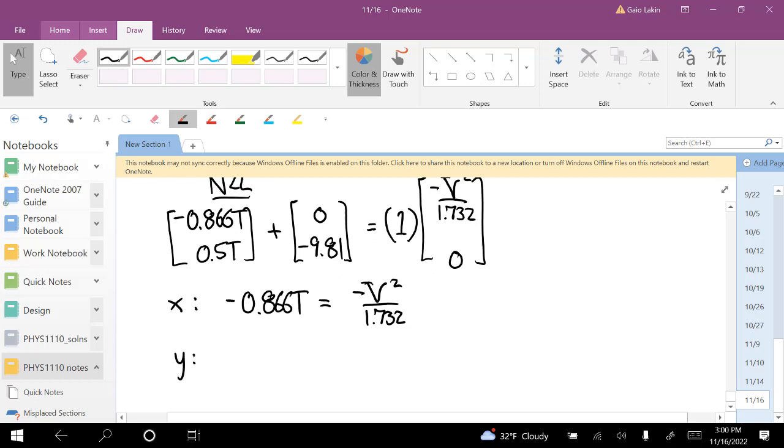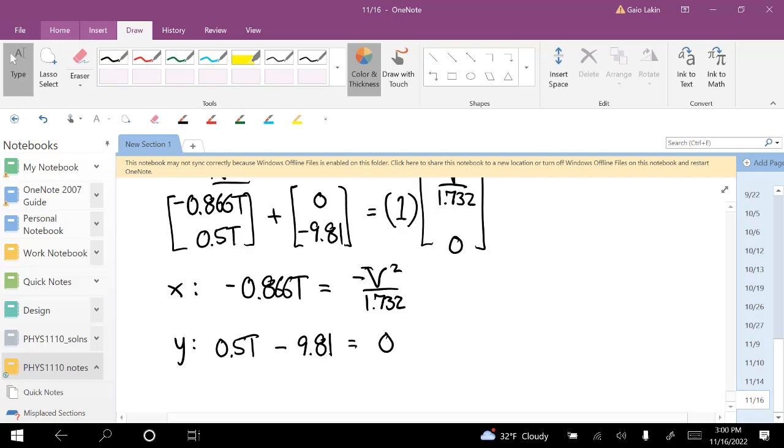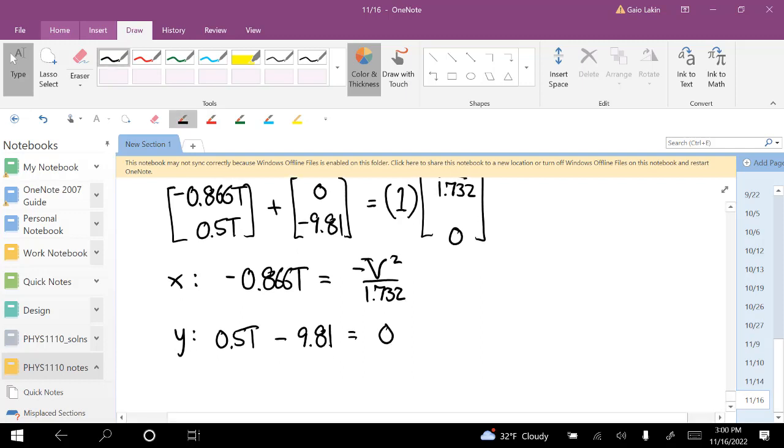And the y equation says 0.5 T minus 9.81 is equal to 0. So we have two equations with two variables in them. In this case, we're going to solve the y equation for T and then plug that into the x equation. You see that?